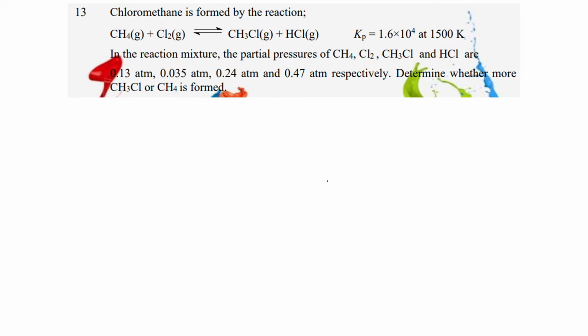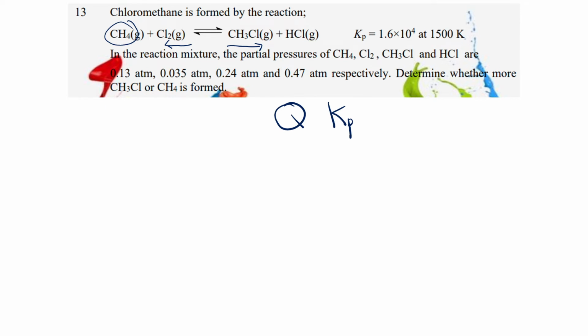So maksudnya kalau the reaction is proceed, it will produce more CH3Cl. If the reaction is reverse ataupun shift to the left, it will produce more CH4. Okay, so apa yang kita perlu buat adalah we compare the value of Q and compare with Kp.